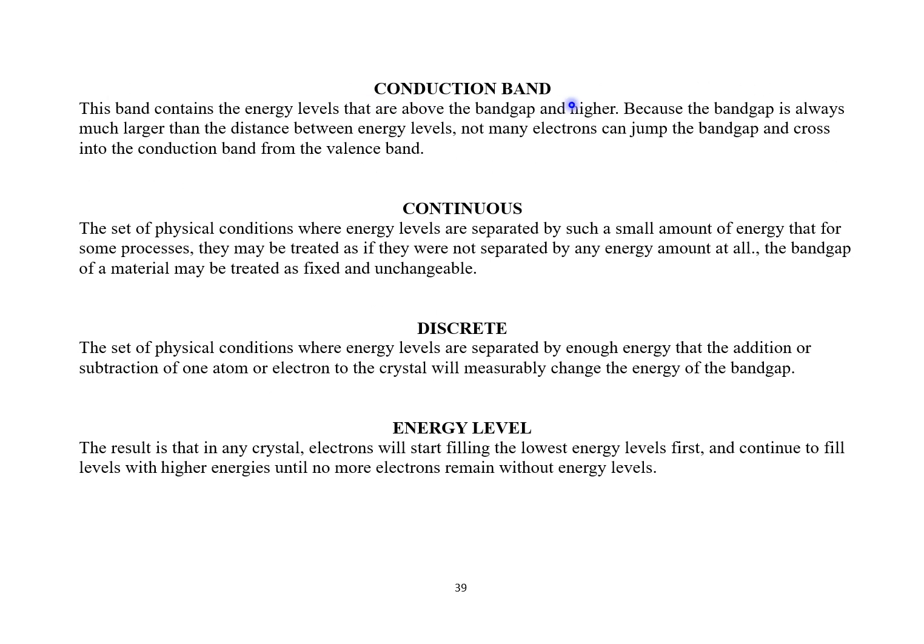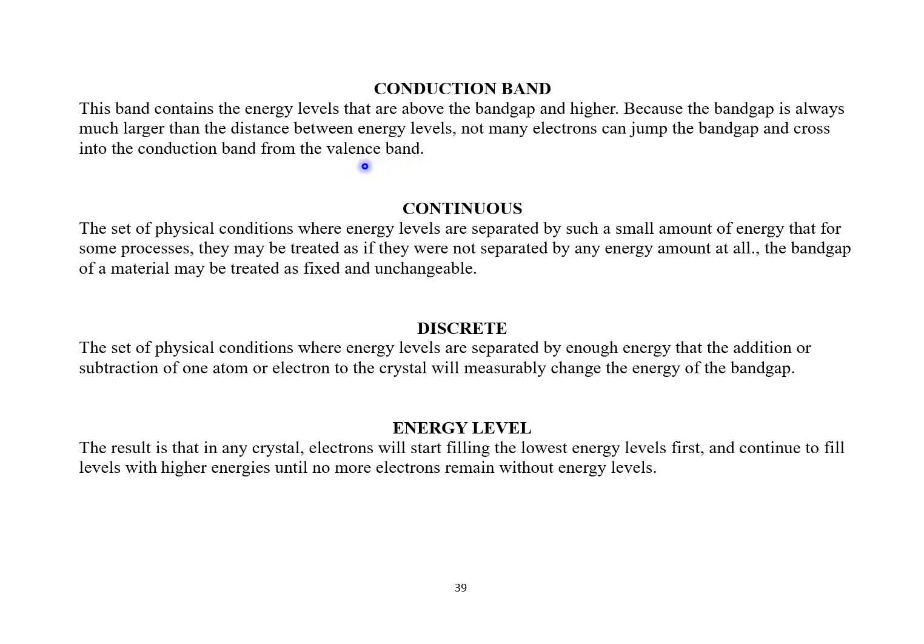The conduction band contains the energy levels that are above the band gap and higher. Because the band gap is always much larger than the distance between energy levels, not many electrons can jump across the band gap into the conduction band from the valence band.